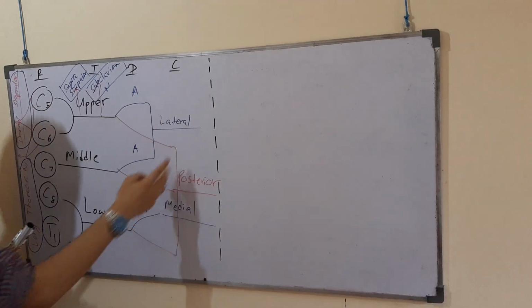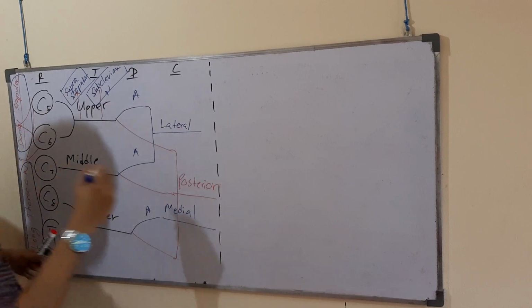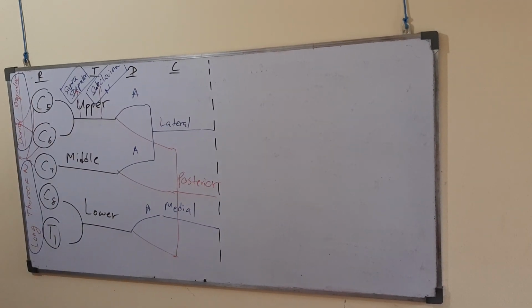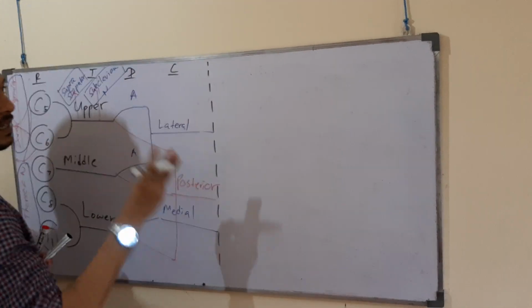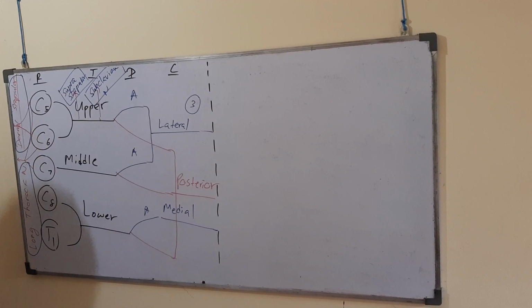So we talked that there are three chords: the lateral chord, the medial chord, and the posterior chord. When we talk about the lateral chord first, usually the lateral chord has three main branches which we should remember, right?